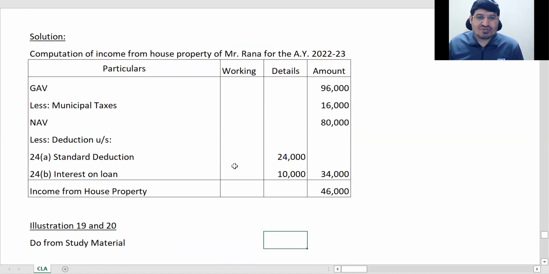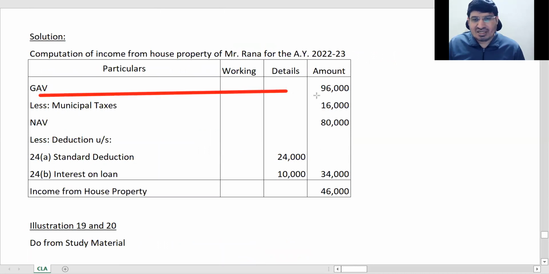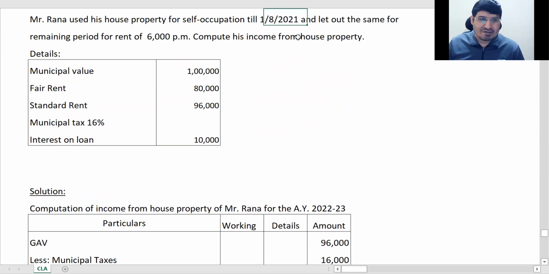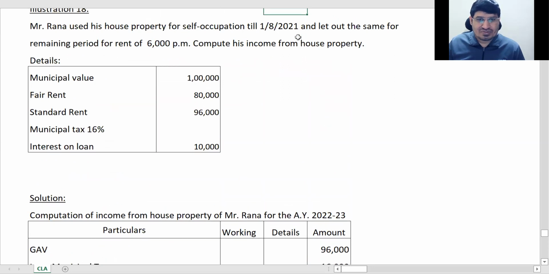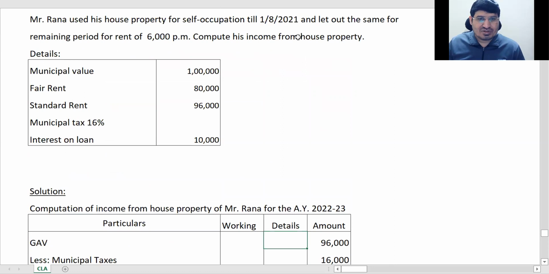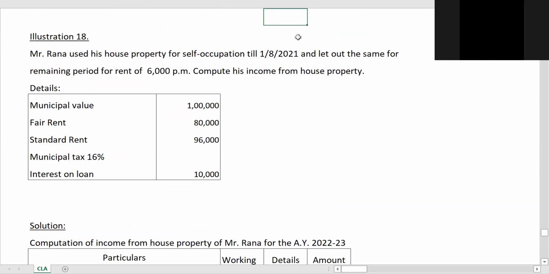So GAV is 96,000. The GAV figure itself they have taken. Sir, no comparison with rent that is received.